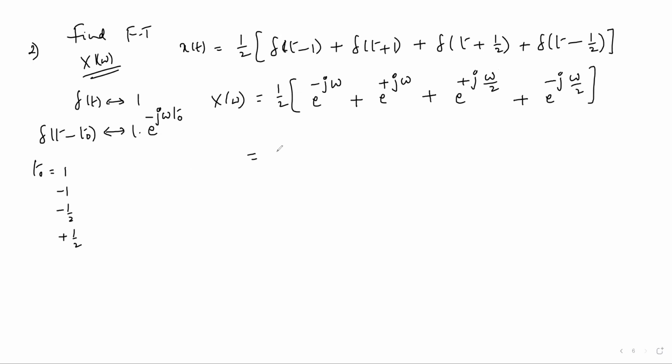Any simplifications possible, you can see. Both have the same theta value, so you can write it as cos omega. Second one, 2 is there, 1 by 2, so here the theta value is omega by 2. So directly cos omega by 2. Simple one.